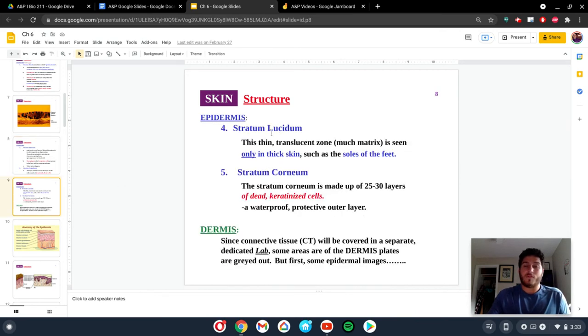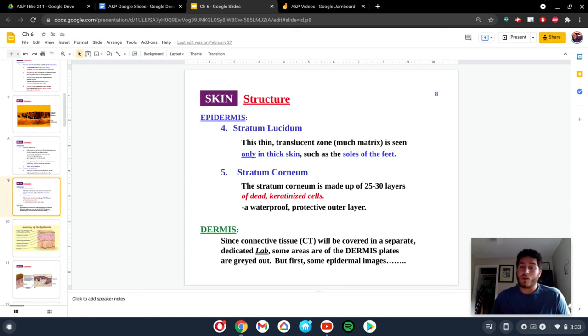The next layer, the fourth layer, is called the stratum lucidum. This is a translucent layer of skin, and it's not located everywhere in your body. Believe it or not, we do have thick skin and thin skin. You may have noticed that with places like your hands. You notice you have thicker parts to it, maybe places like the soles of your feet.